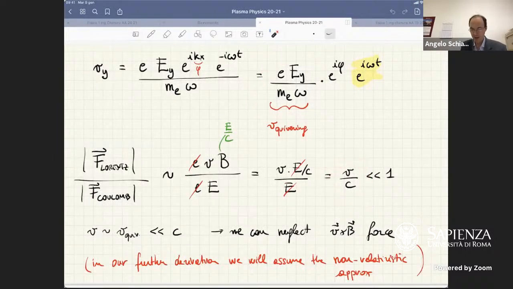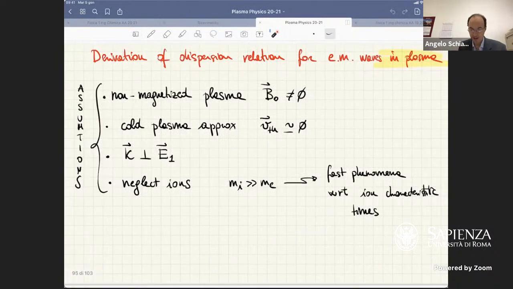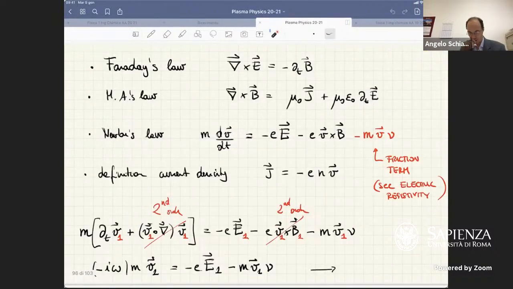In this case, we say that we are in the non-relativistic regime, and this is the regime we are interested in our course. Obviously, as we go up in intensity, eventually the velocity of oscillation of the electron becomes so large that the motion is relativistic, and it needs the full treatment, taking into account the Lorentz force and the effect of the magnetic field of the wave as well.